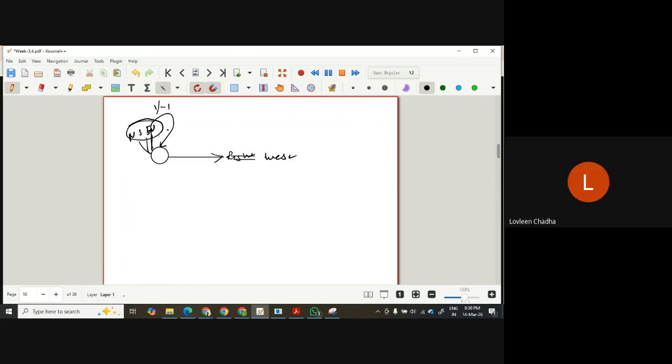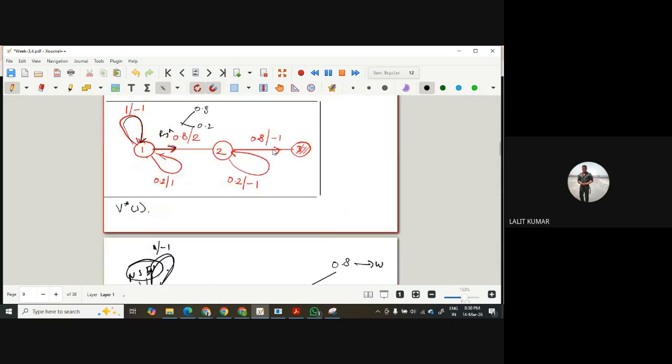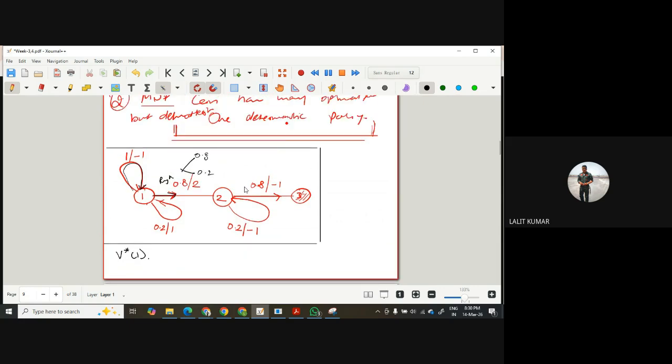Why is it probability 1? Is it the probability of taking an action, or is it the probability of reaching the next state? Which probability are you referring to? By probability 1, you will come back here. Okay, so that is the P, it is not the pi. Yes. And if I go west, then I've got 2 states: with 0.8, I will go west, and with 0.2, I will come back again. Okay, fine.